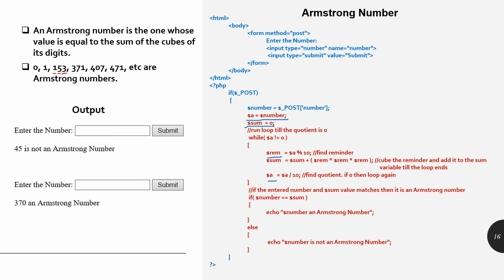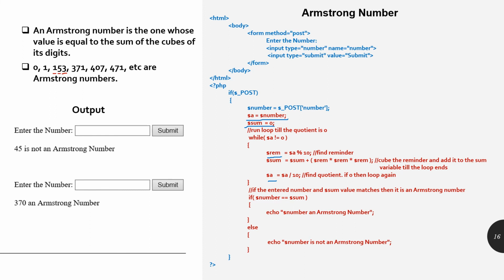At that time, 1 is not equal to 0. Again 1 mod 10. That will take the cube of 1 also, so that also will be added here. Again 1 divided by 10 will be changed to 0 now.